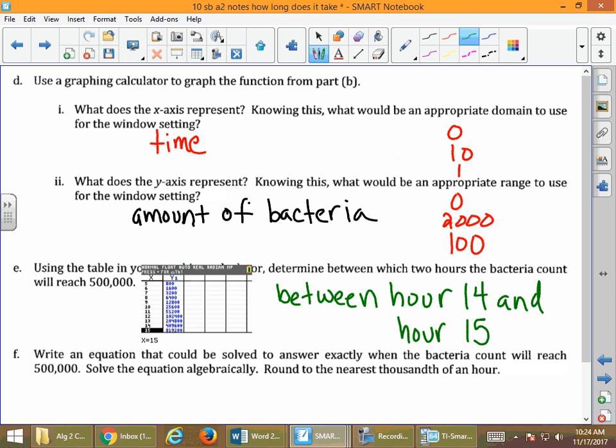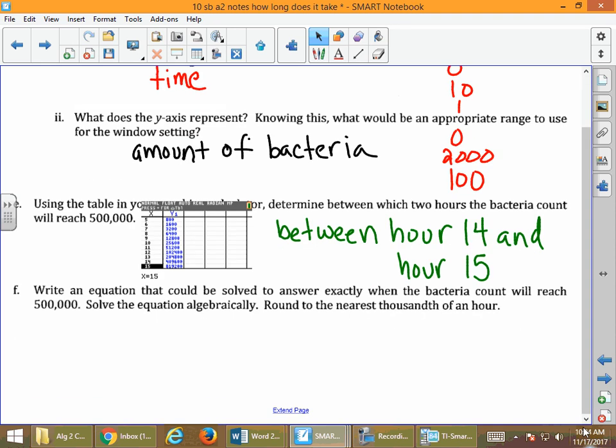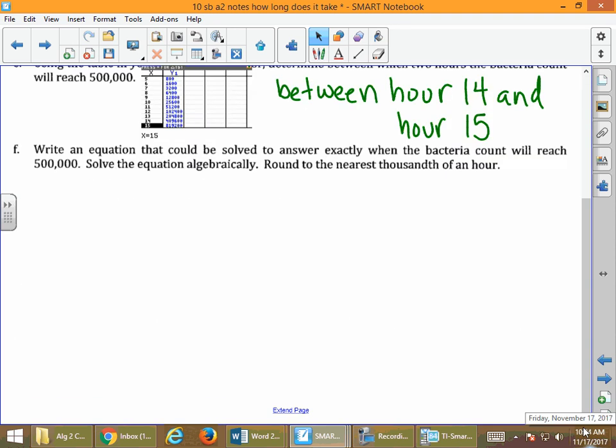And the nice thing about using your calculator to do something like that is when we really want to answer the question, which is part F here, write an equation that can be solved to answer exactly when the bacteria count will reach 500,000. We're going to solve this algebraically, and we're going to round to the nearest thousand, which we frequently do.